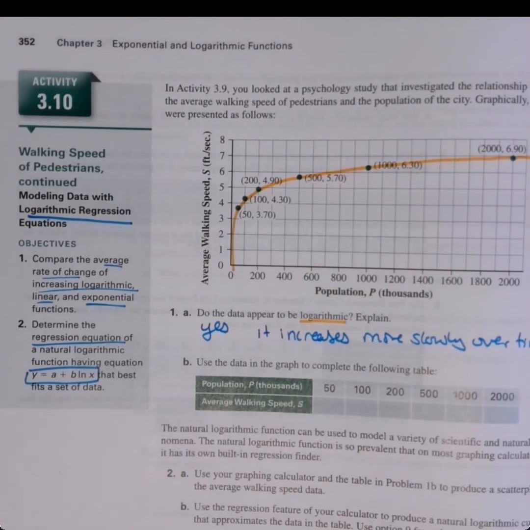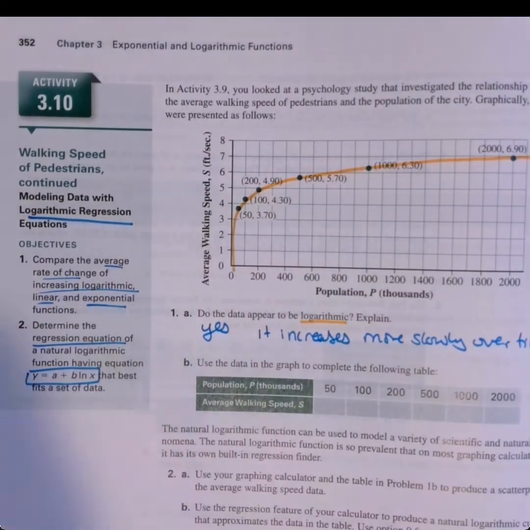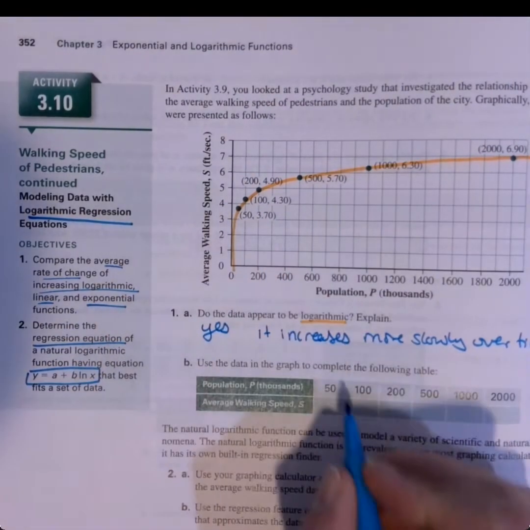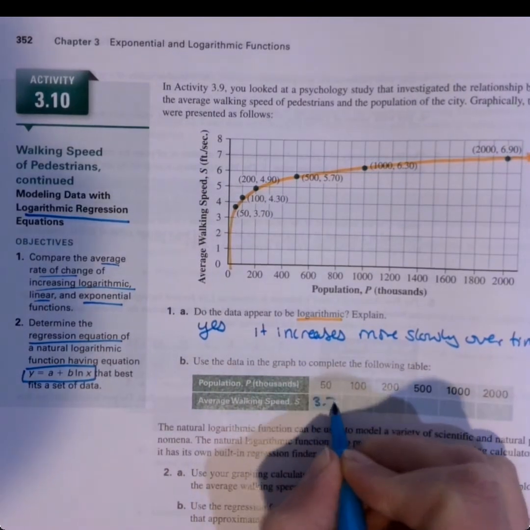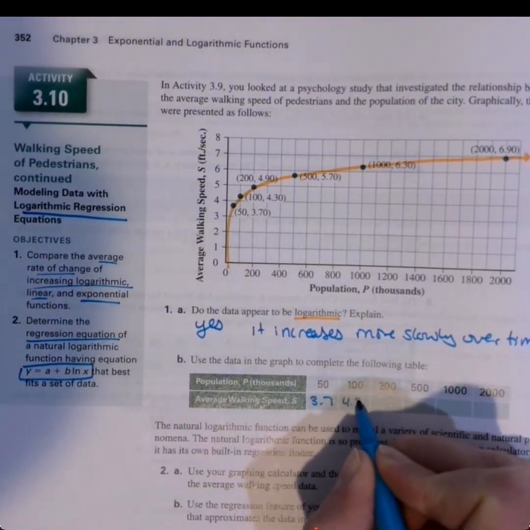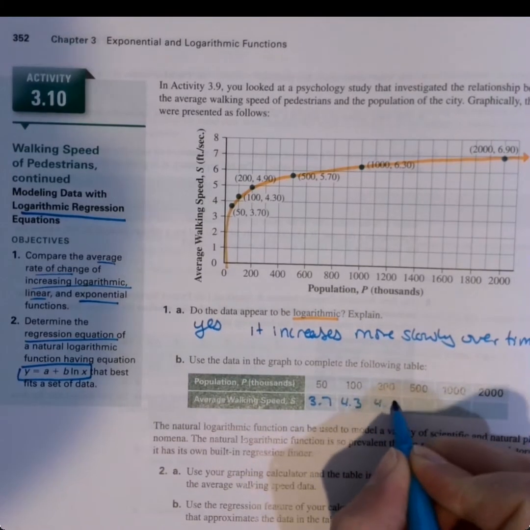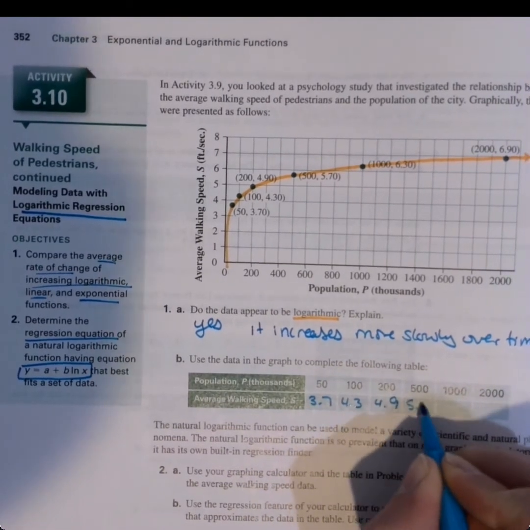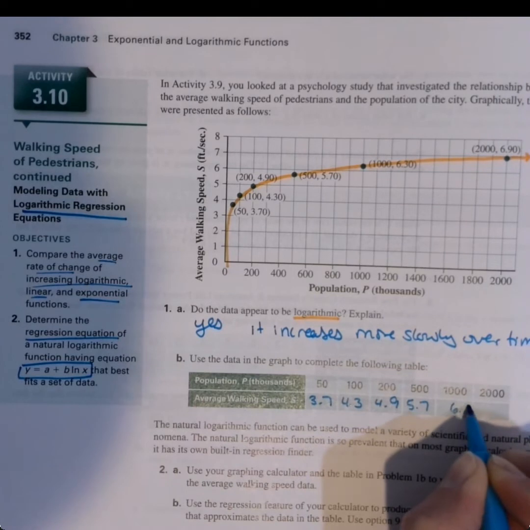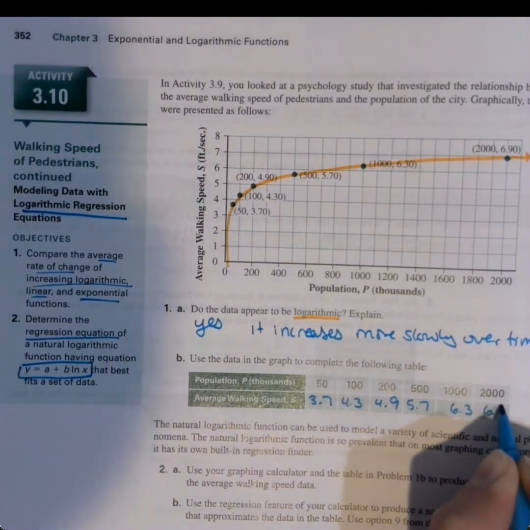Okay, so I'm going to fill in the table from the dots up here. Initially, we have the 50, and then 3.7, then 100, 4.3, 200, 4.9, 500, 5.7, 1,000, 6.3, and 2,000, 6.9.